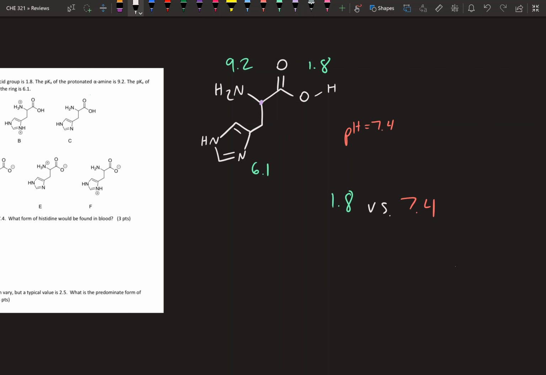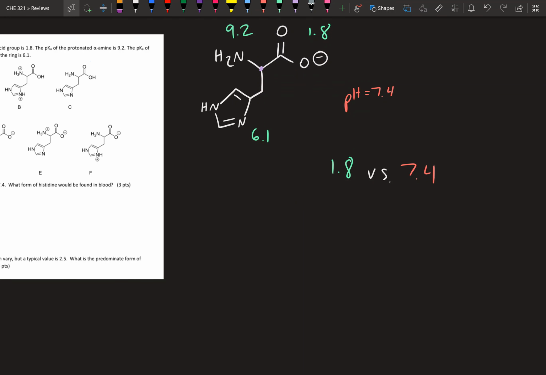And so that's one way of thinking about it. And so we know that that's going to be deprotonated and leave a negative charge. If you don't like that way of thinking about it, we can think about it in another way. All you have to do is write the pKa on the left side, which we already have, and the pH on the right.